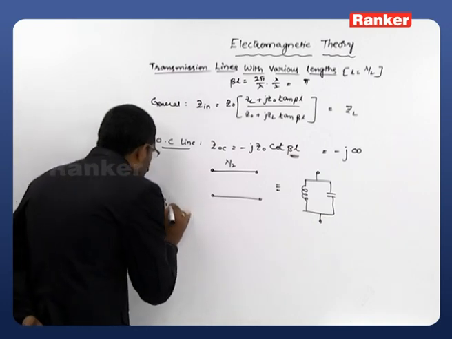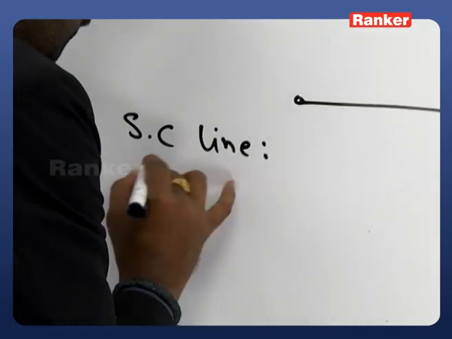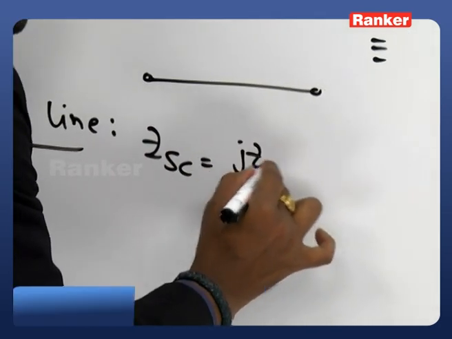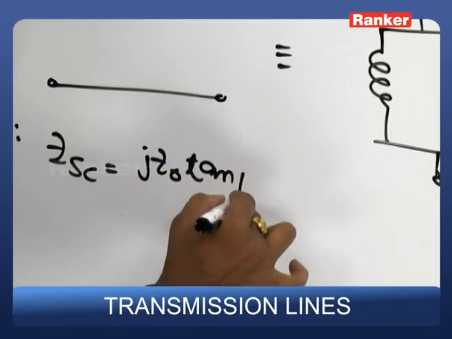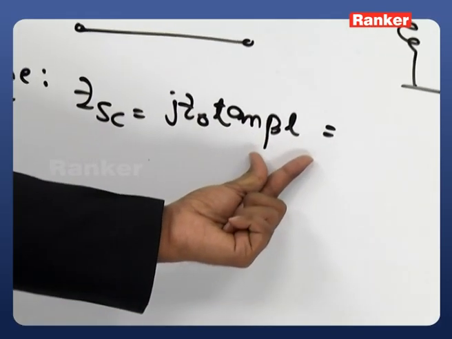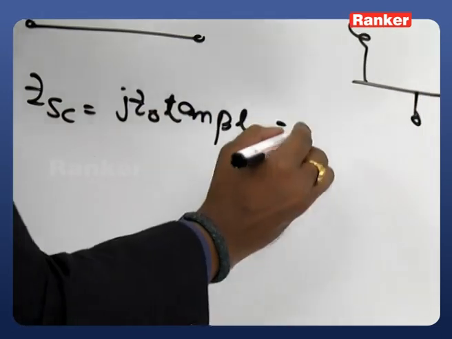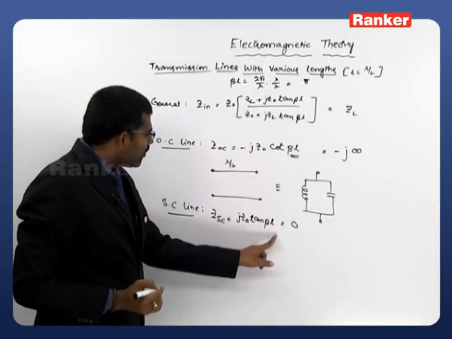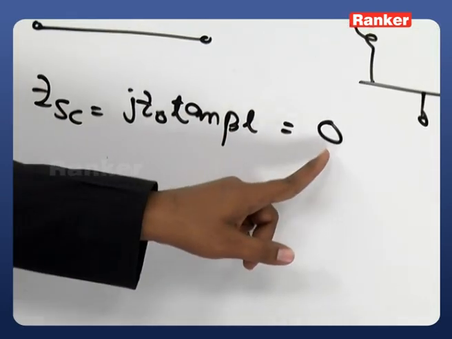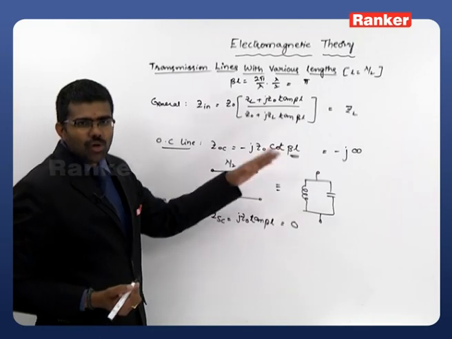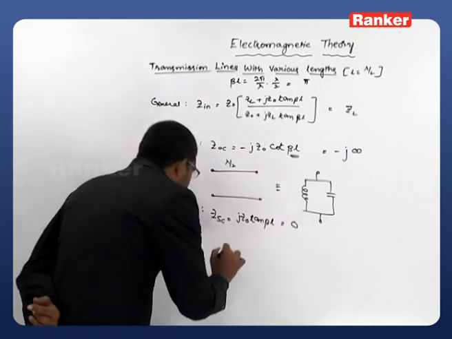Similarly, short circuit line. For a short circuit line, what is ZSC? ZSC is equal to jZ0 tan beta L. If you substitute beta L equals pi here, what you will get is simply 0. So ZSC equals 0 corresponds to which type of circuit? It is a series LC circuit. So what is the condition we are observing here?